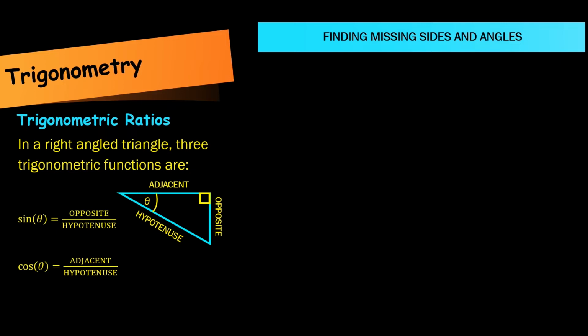Cos theta equals adjacent over hypotenuse, where the adjacent is the length of the side next to the angle theta, and tan theta equals opposite over adjacent.